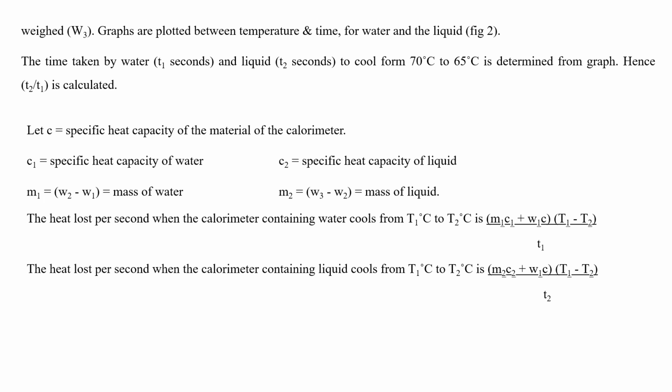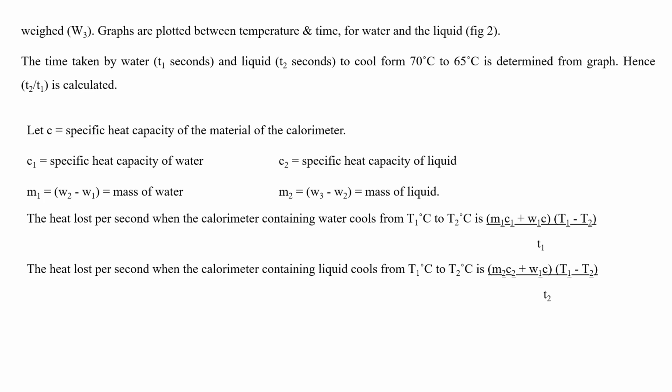So we can first estimate the heat lost per second when the calorimeter containing water cools from T1 degrees Celsius to T2 degrees Celsius. T1 is fixed as 70 to 65. So what will be the heat lost by the system, the calorimeter filled with water?